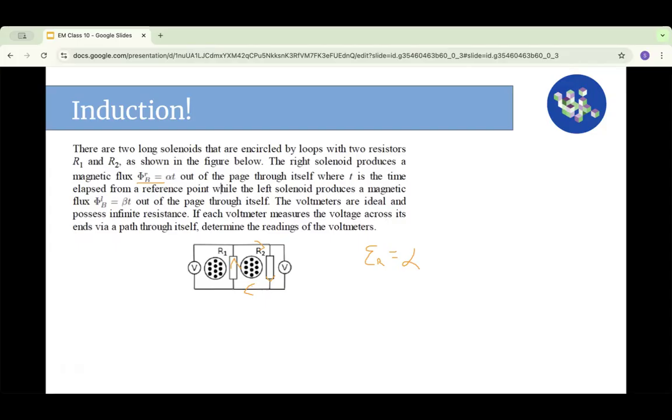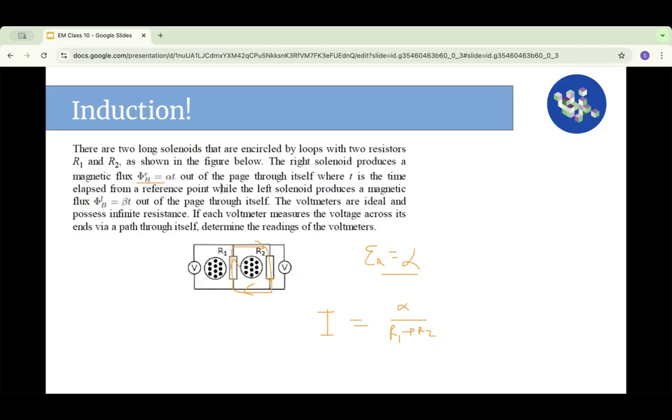If I know that the total voltage drop in that loop is alpha, then the current I equals alpha over R1 plus R2. That's just voltage divided by resistance R1 plus R2, because this is the only loop of current that we have in the circuit, right?